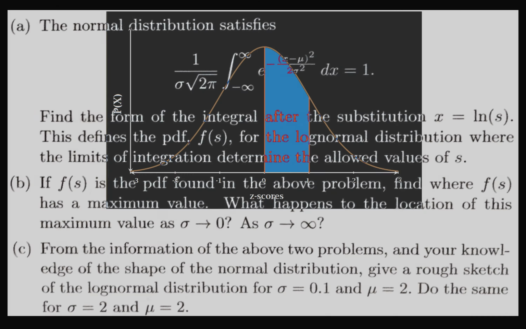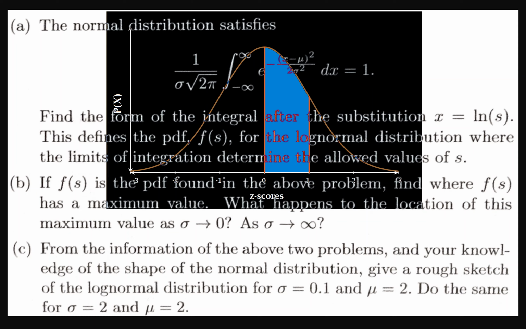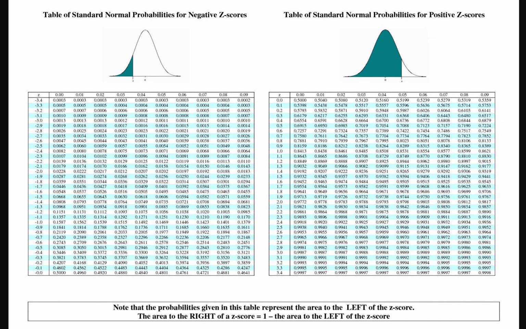To find the area under the curve, you'll need to find the definite integral of the probability density function. So hopefully you've been brushing up on your Calc 2 skills, because they're about to come in handy. I'm joking. In order to avoid computing the integral every time, statisticians have created a z-table, which tells you the cumulative area to the left of some z-score.